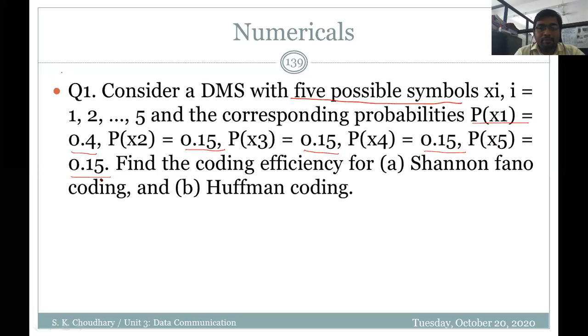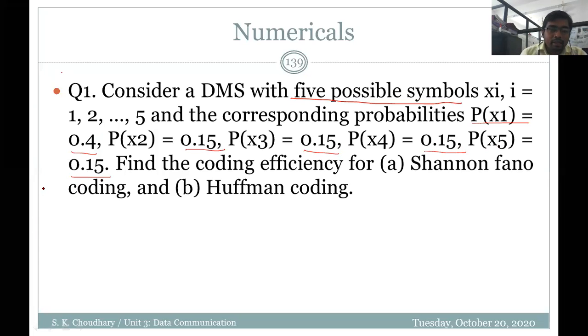Means four times it is a repetition of the same probability, and only one has a different probability. Now we have to find out the coding efficiency using the Shannon-Fano coding method as well as Huffman coding, and then give a remark on which has given the better efficiency.